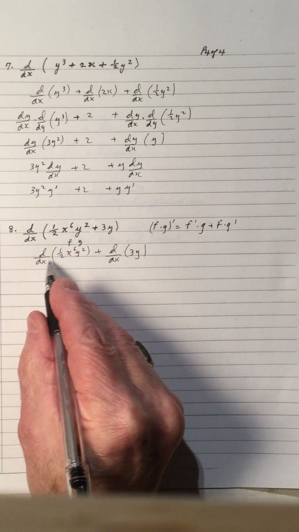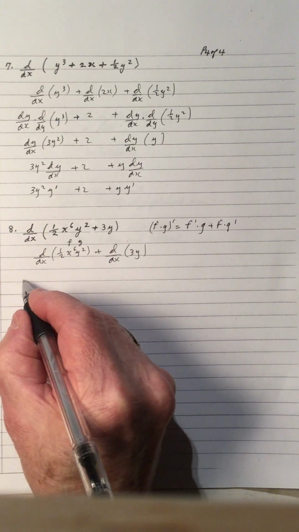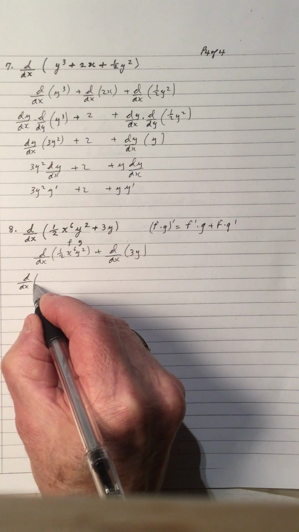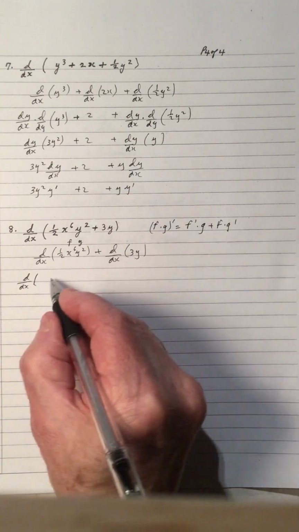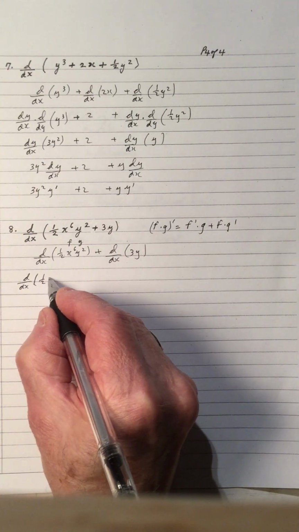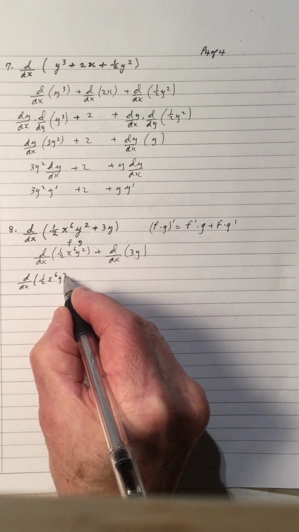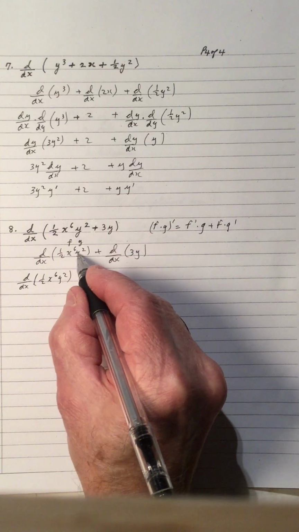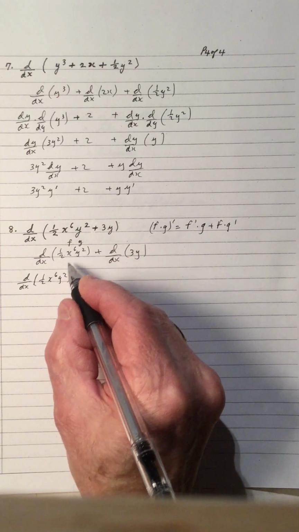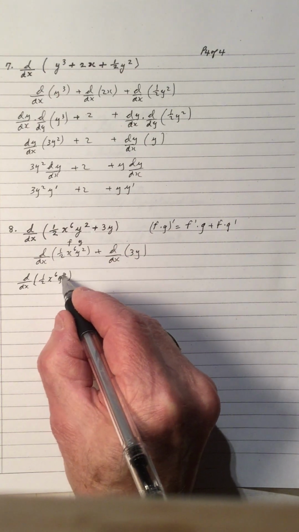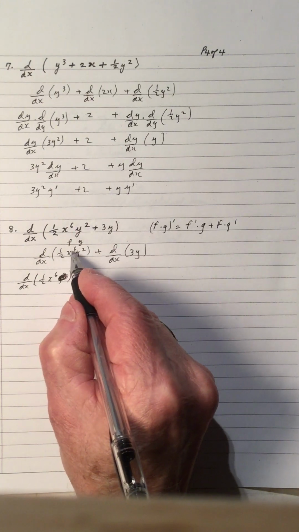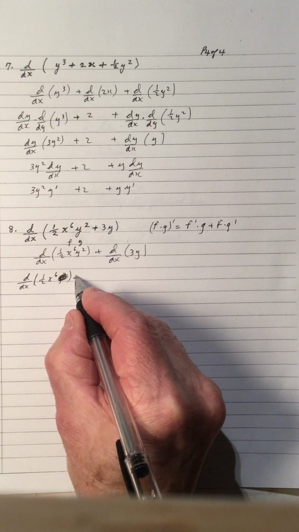So d/dx here is d/dx on, we do the derivative on the f, which is 1/2 x to the 6 y squared times g, which is y squared. Oh, that's my mistake. Because this is the f, this is the g, so there it is.